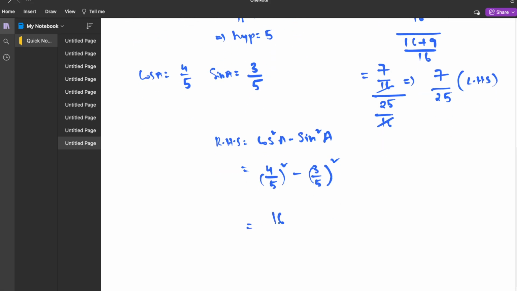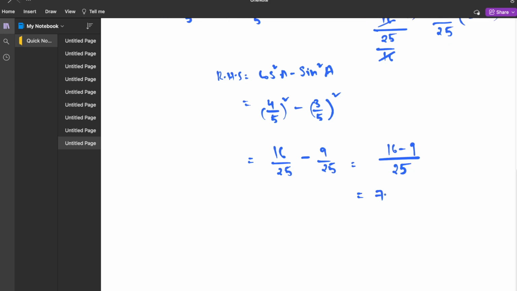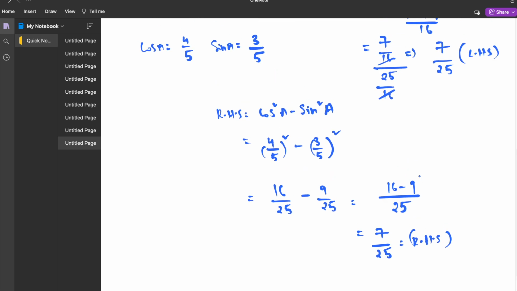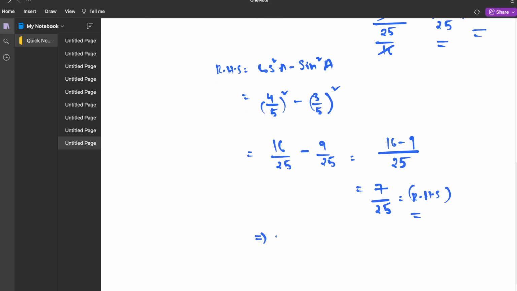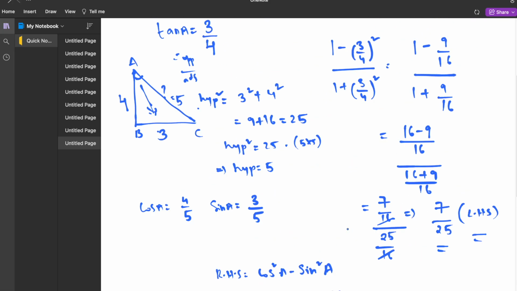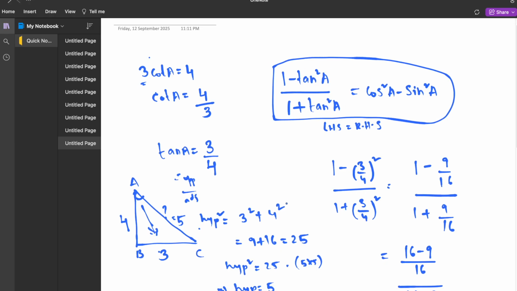That is nothing but 16 by 25 minus 9 by 25. When you have the same denominator, you can write 16 minus 9. Okay, 16 minus 9 is 7 by 25. This is RHS. If you see, LHS is 7 by 25, RHS is 7 by 25. Implies LHS is equal to RHS. That means (1 - tan² A) by (1 + tan² A) is equal to cos² A minus sin² A.